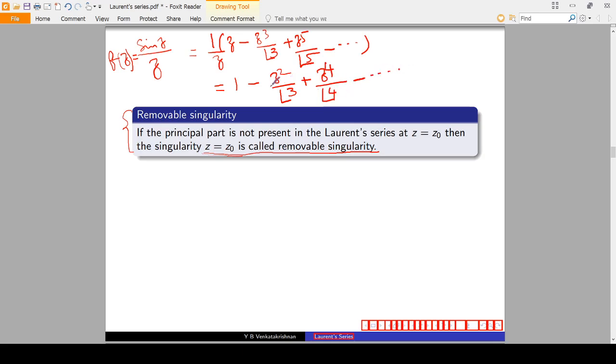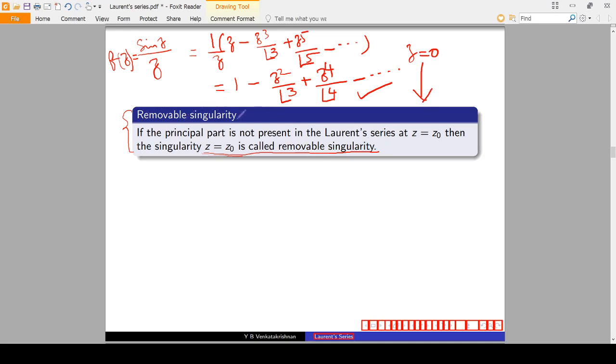You can see here in this expansion, you don't have any negative powers of z. 1 by z, 1 by z squared, 1 by z cube are missing. Therefore here z is equal to 0 is called a removable singularity.